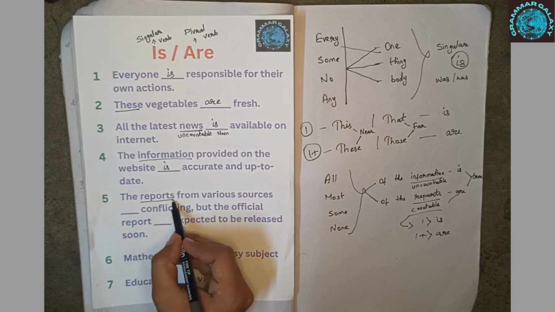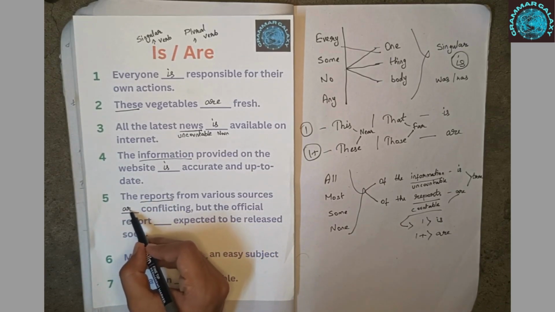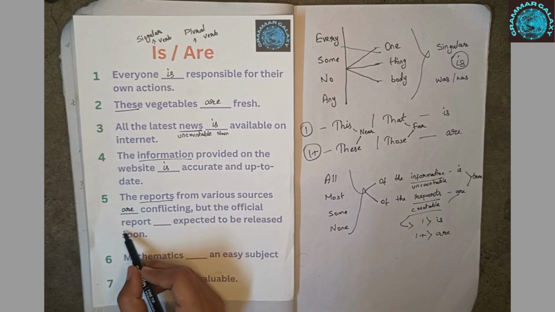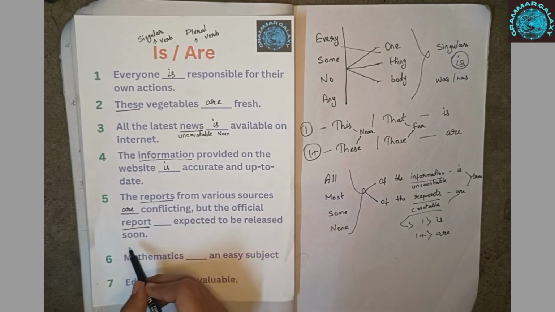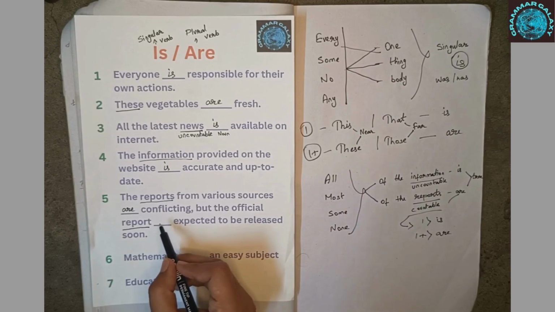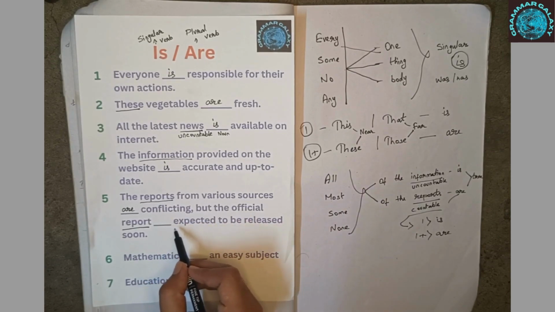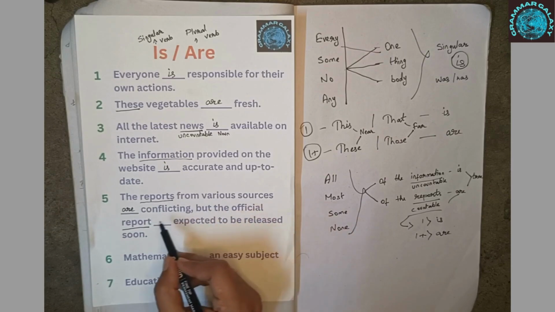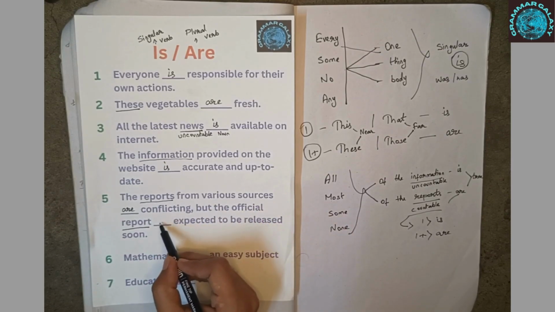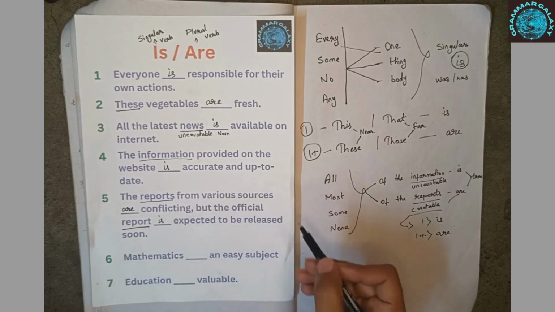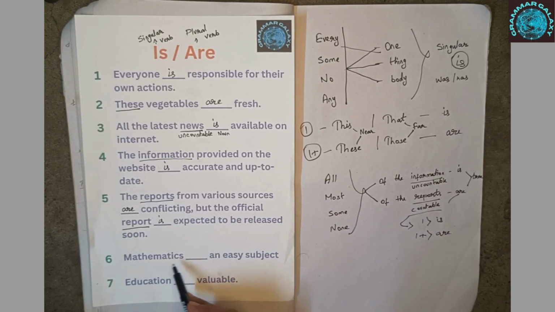So we are going to use are here. And here, the official report, which is expected to be released soon, is going to be one report from an authenticated party. So the correct answer is: the reports from various sources are conflicting, but the official report is expected to be released soon.